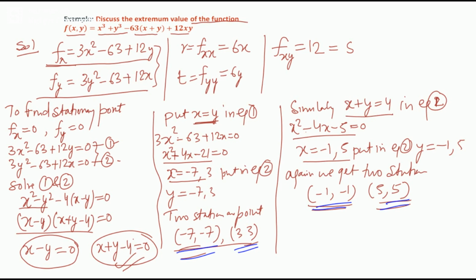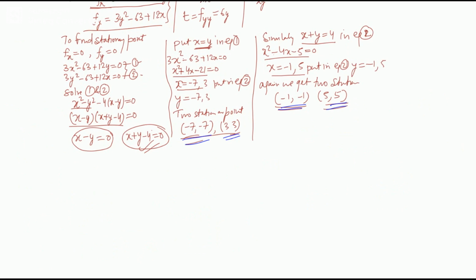Now at these stationary points we check whether the function has an extremum or not. First we take minus 7 and minus 7.